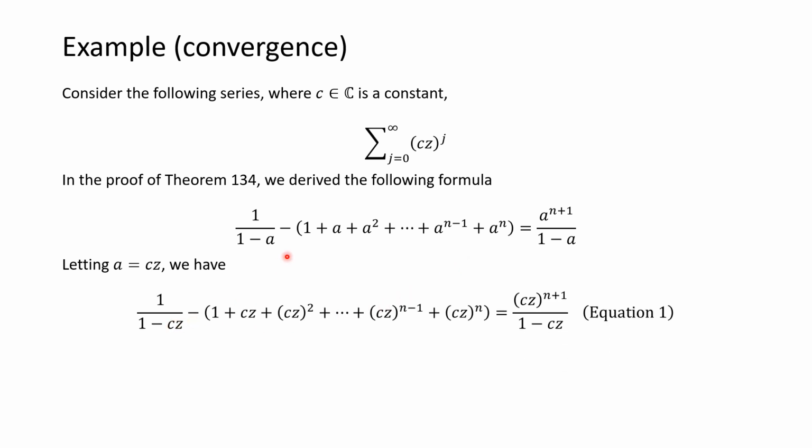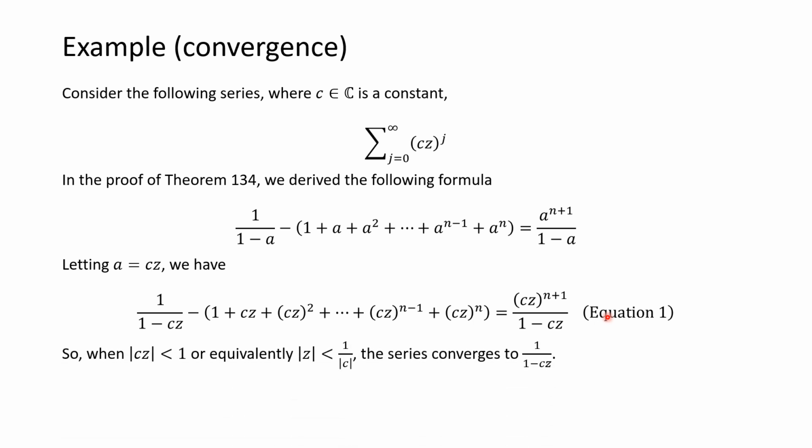We plug that in, so nothing extraordinary here. We just have everywhere for a, we have cz. We'll call that equation 1. So when the modulus of c times z is less than 1, or equivalently when the modulus of z is less than 1 over the modulus of c, then the series converges to 1 over 1 minus cz. So that's from a previous result.